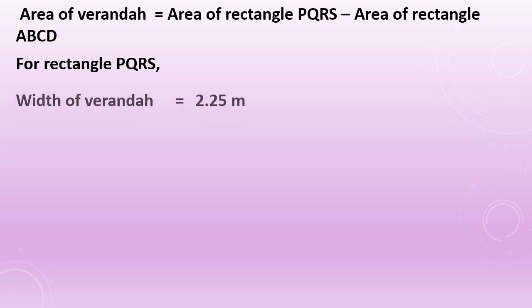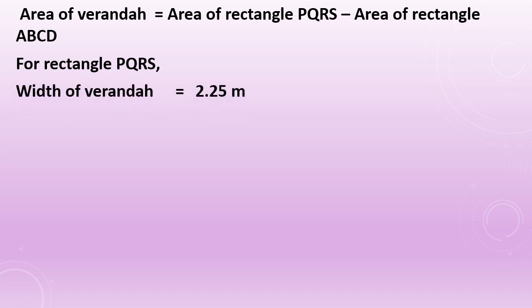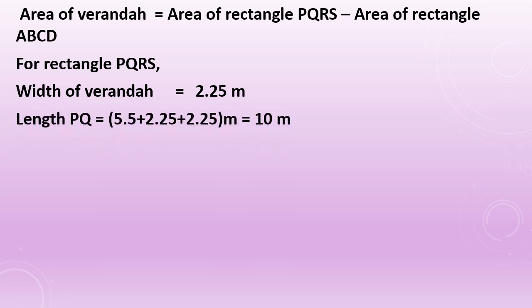So for rectangle PQRS, the width of the veranda is given as 2.25 meter. Therefore, length equals 5.5 plus 2.25 plus 2.25, which gives 5.5 plus 4.5 meter, that is 10 meter.